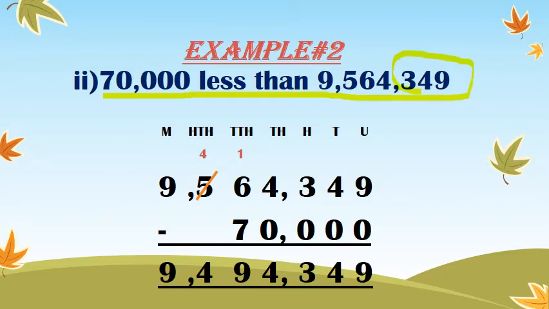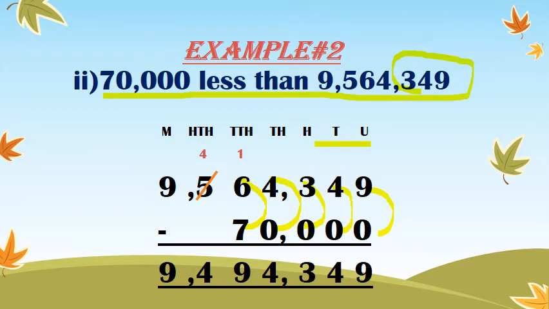9,564,349. So let's start from units place. We can easily subtract 0 from 9, then 0 from 4, then 0 from 3, then 0 from 4 again. But we cannot subtract 7 from 6. So we will borrow 1 from the previous number.